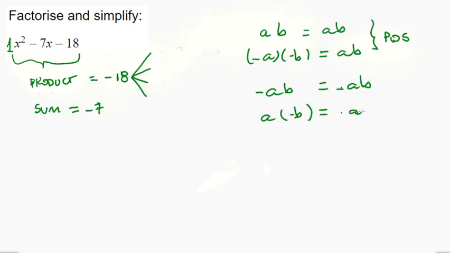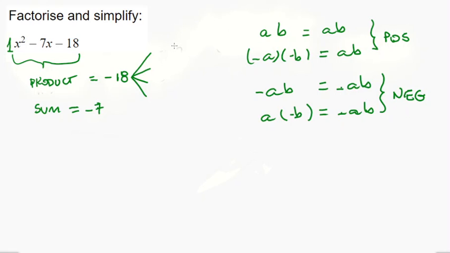So why am I saying that? Well, because now that we're looking for a number which is negative, one of the terms will have to be negative and one of the terms will have to be positive. So what we have to look for is which numbers multiplied give us 18, and then we can just make one of them negative. Since the sum is negative, the largest number is the negative one.